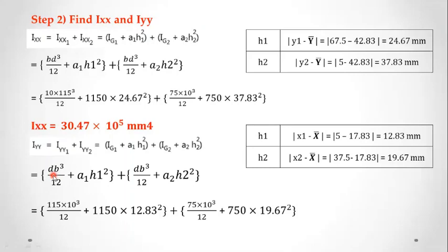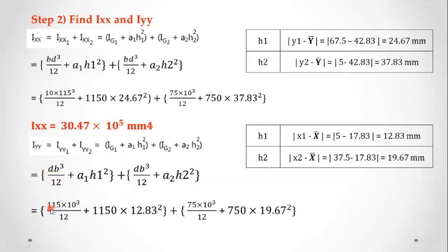Iyy will be dB cube by 12. Here Ixx is BD cube by 12, and Iyy is dB cube by 12, so the formula will be reversed. Here D and B of the first rectangle, here D and B of the second rectangle.